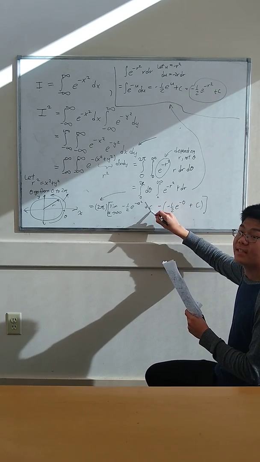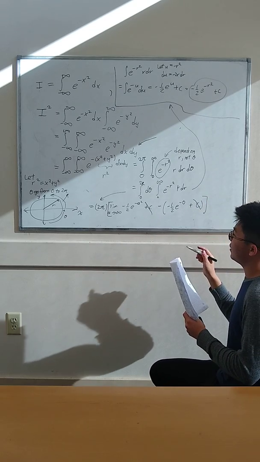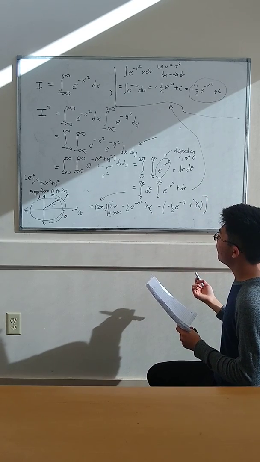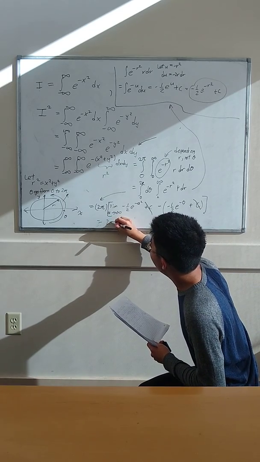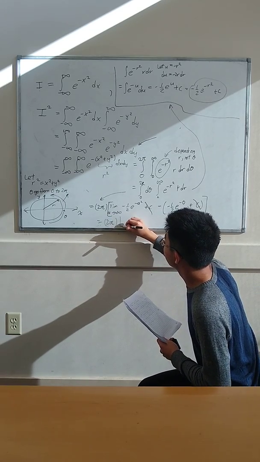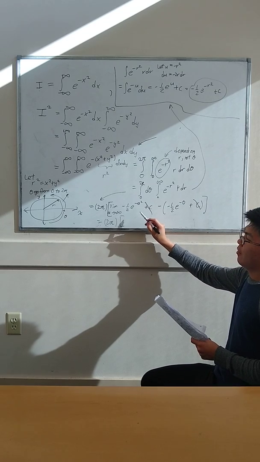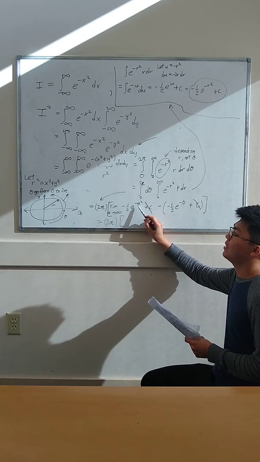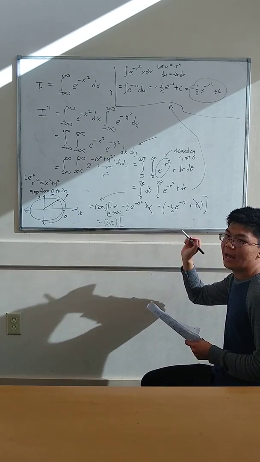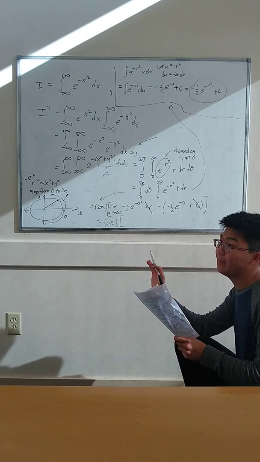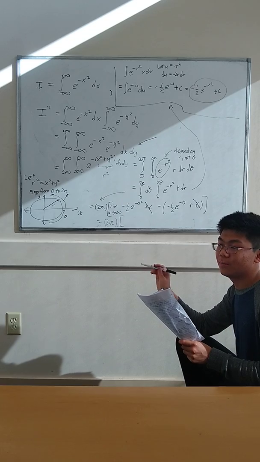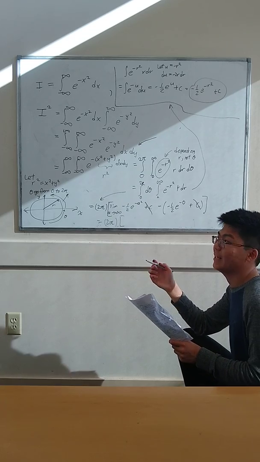Now the c constants cancel out here, and what we're left with is actually 2 pi. The limit of negative 1/2 e to the negative a squared actually goes to 0. This can be shown using L'Hopital's rule, but I'm not going to do the whole proof here for time's sake.